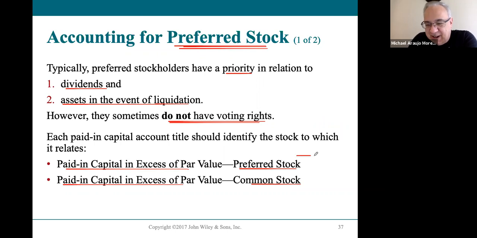So these are actual names of accounts that are real. One is for anything above par value for common stock. The other is anything above par value for preferred stock, but it's still a paid-in capital account. So these accounts you need to know, just as you need to know the common stock account and the preferred stock account.